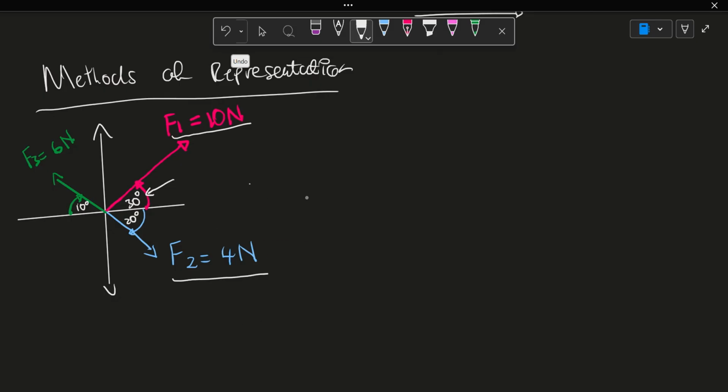Or you could say F2 is 4 newtons to the right of the negative y-axis. And you could say F3 is 6 newtons above the negative x-axis, or rather to the left of the positive y-axis.